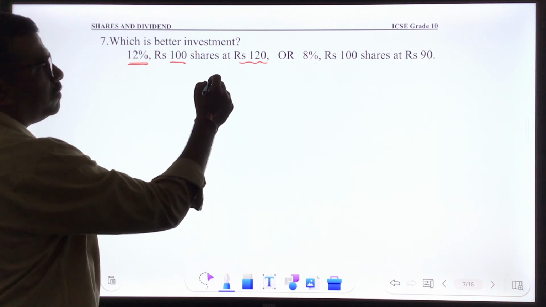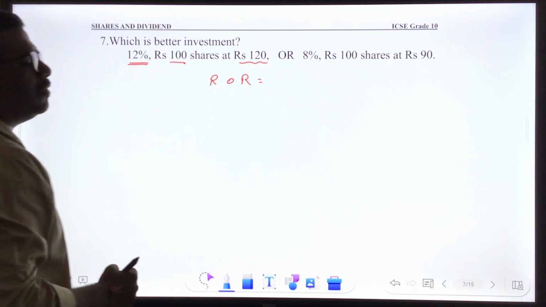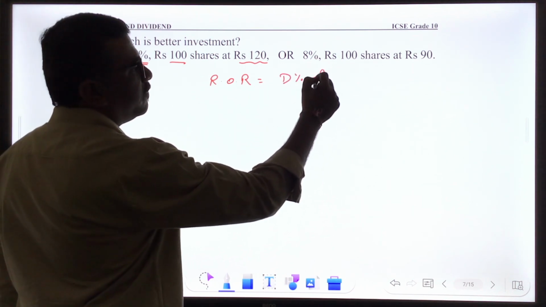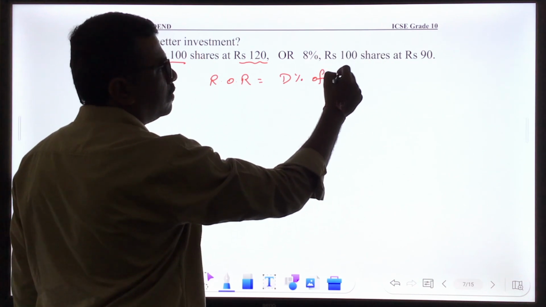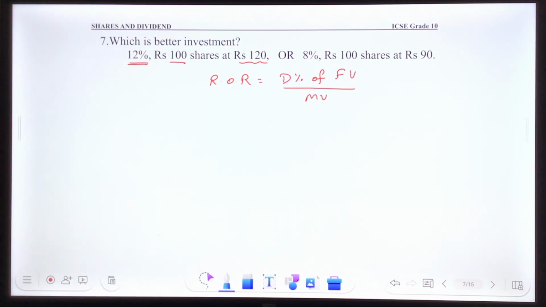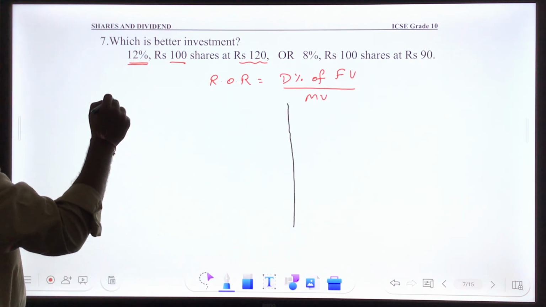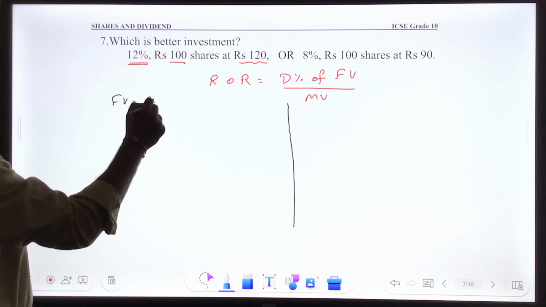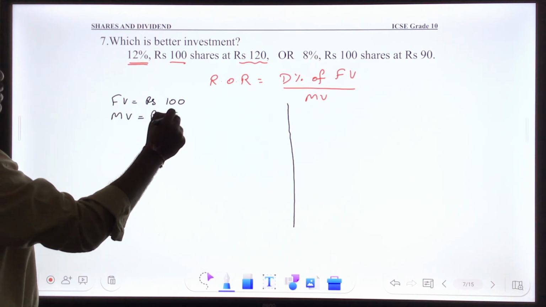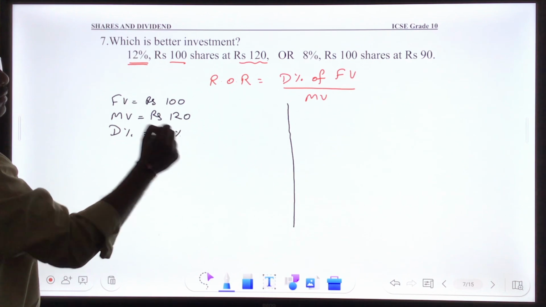So we have this formula for finding rate of return. Rate of return is given by rate of dividend on face value divided by market value. So for company A, face value is rupees 100, market value is rupees 120, and rate of dividend is 12%.